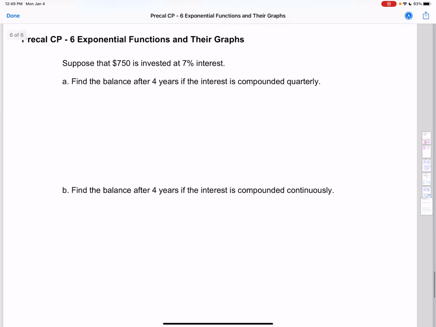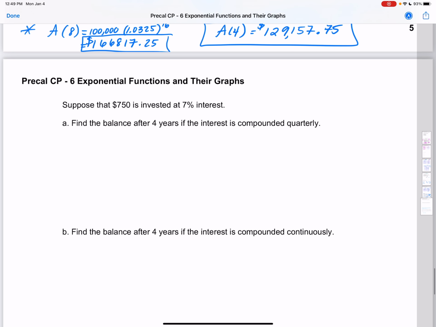All right. Here is another question where it's saying that you have $750, so that's your principal, and it's invested at 7%, which as a decimal is 0.07. And we want to find the balance after 4 years, so that's my time, if the interest is compounded quarterly.